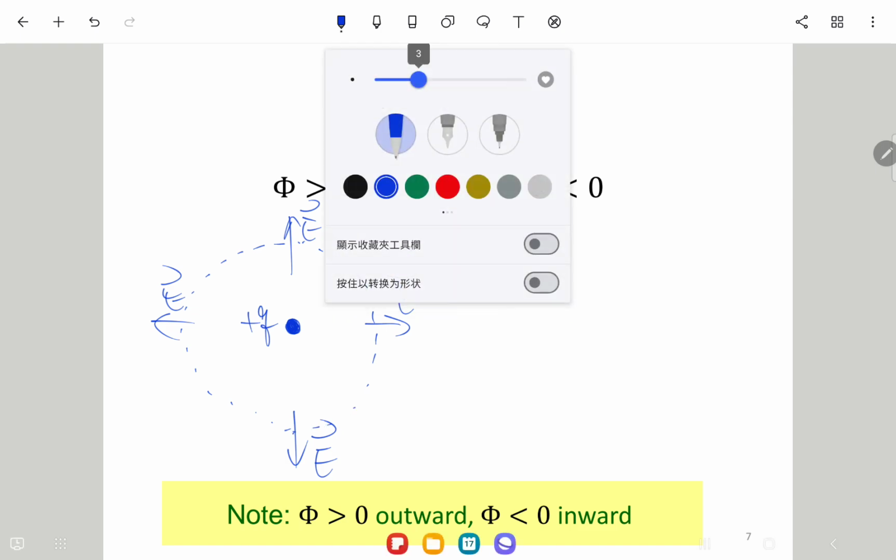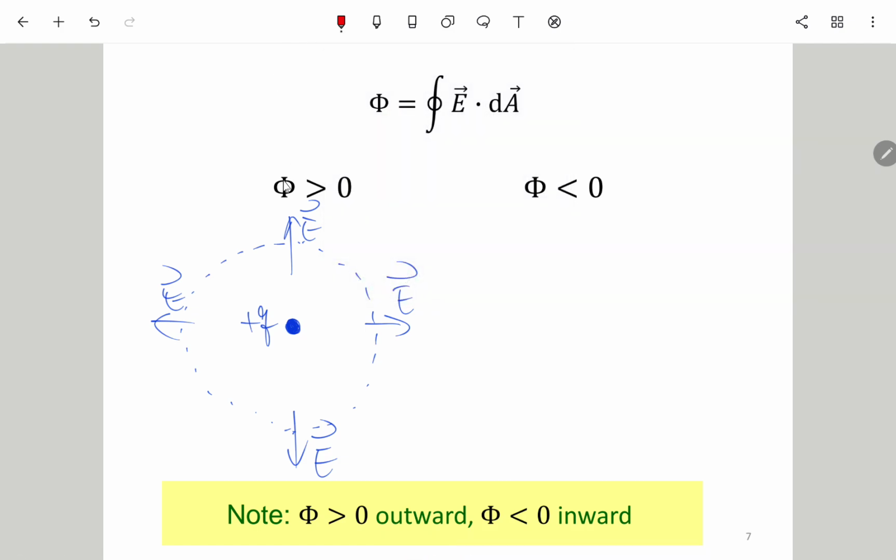So in such a way, for example, for this one, of course this is a circle. And then when we try to determine the direction of dA, this is actually the tangent line, and the line should be perpendicular to the tangent line, and dA should also be pointing outward.